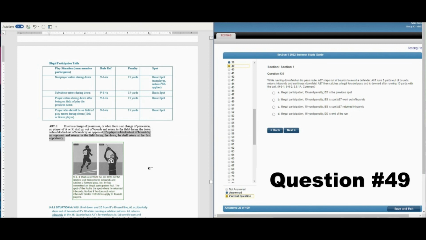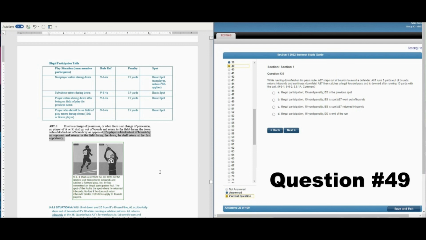In other words, he can't get knocked out of bounds and then run 10 yards down the field and then come back on. As soon as he, and this is your judgment, if you judge that he came back as soon as he could, that's legal. Otherwise, it's illegal, all right?